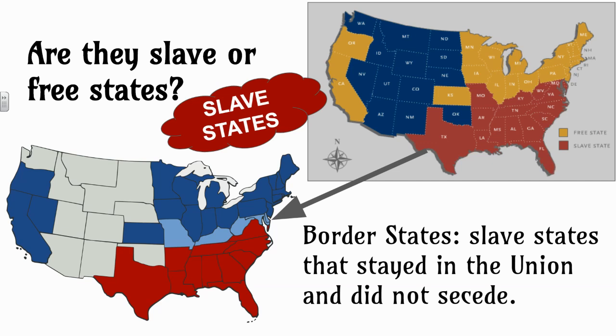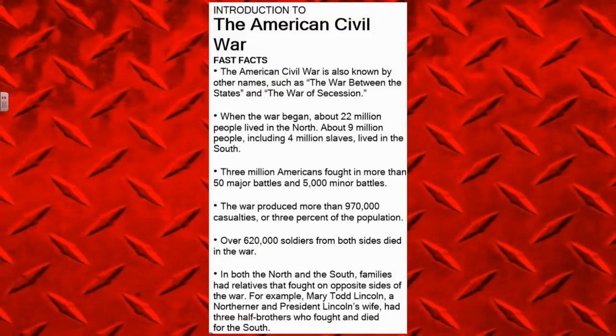These are the only slave states in the United States of America that did not break away and secede from the United States. So we call these states border states. These border states are going to play a huge role during the Civil War.